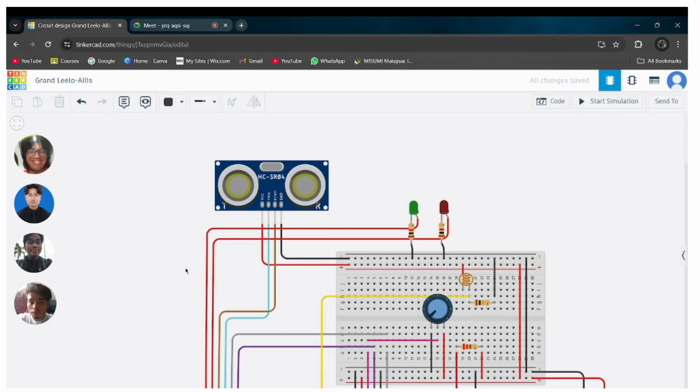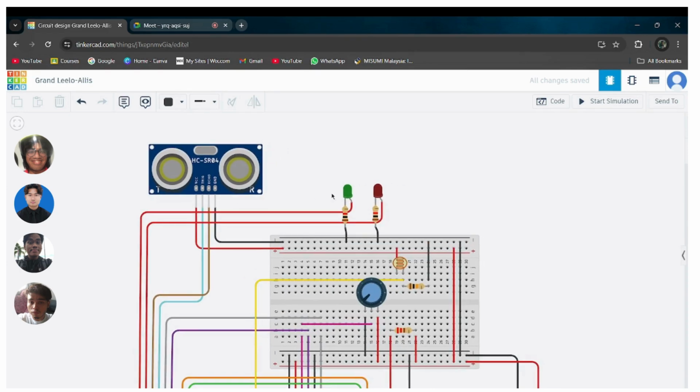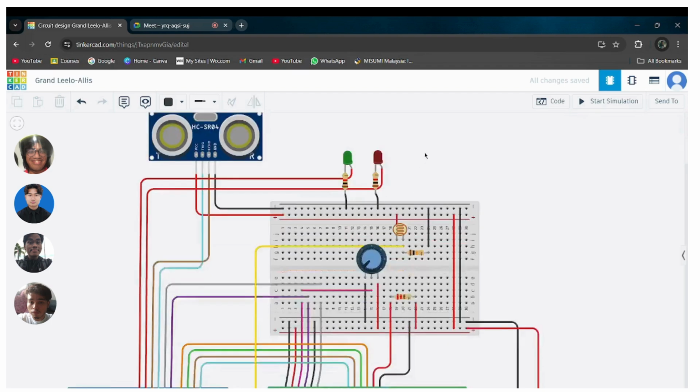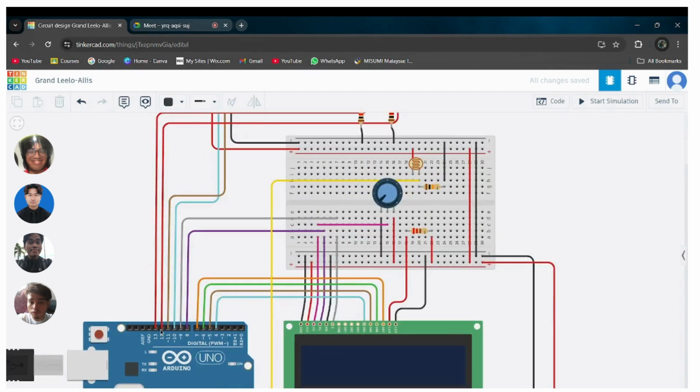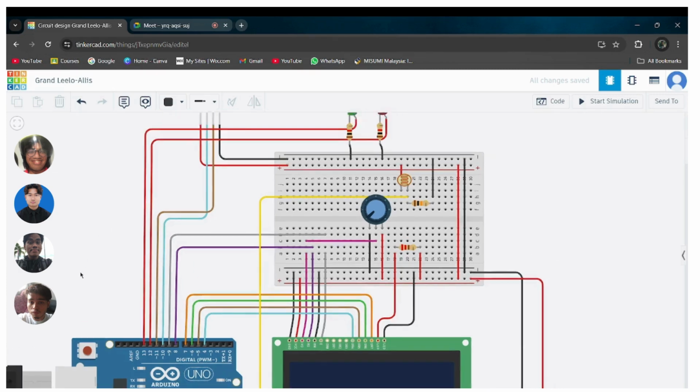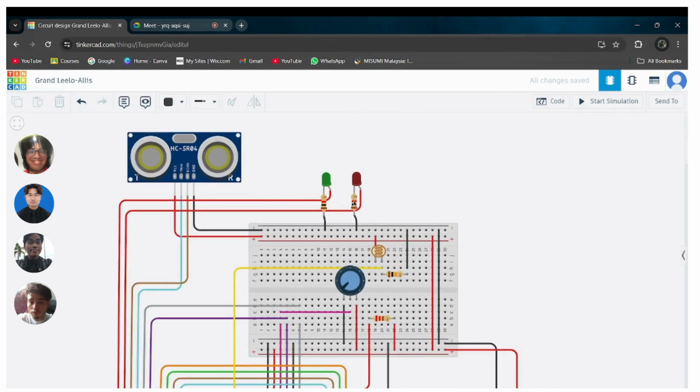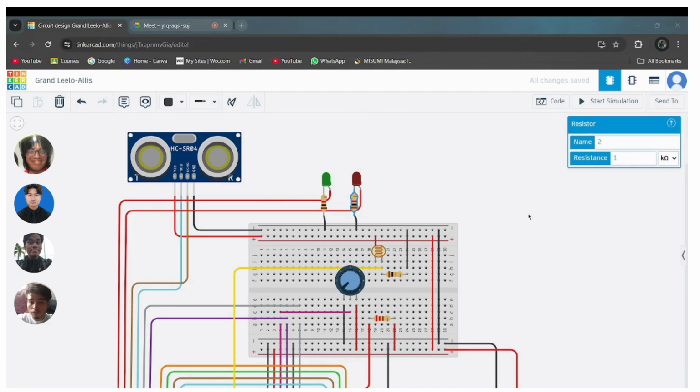And for the LED, we use two LEDs, the red LED and the green LED. The red LED connects to D12, digital pin number 12, and the green LED connects to digital pin number 13. Both LEDs have a current limiting resistor to limit the current going to the LED, or otherwise it will malfunction or blow off.